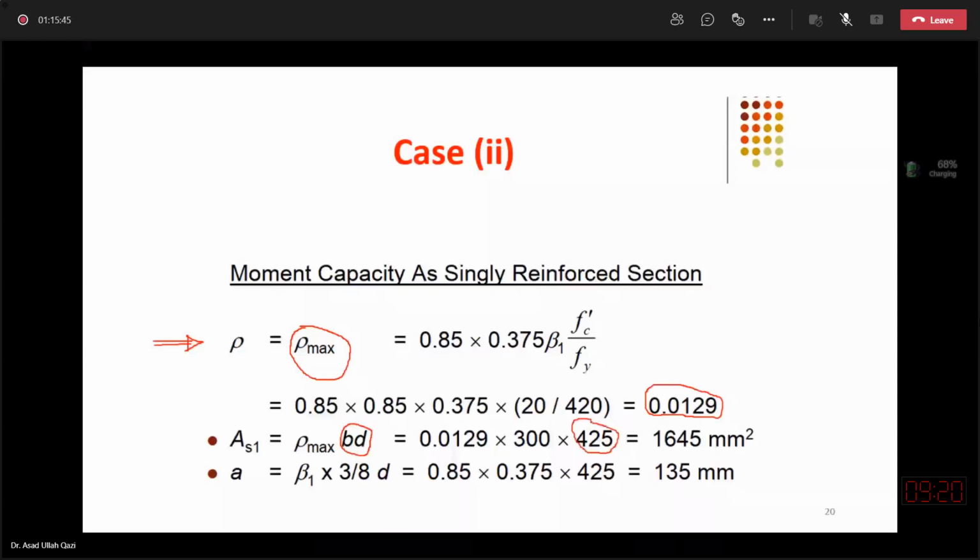Since I am using rho max, I am allowed to use the uniform stress block depth corresponding to the rho max of singly beam, and I got the A value.